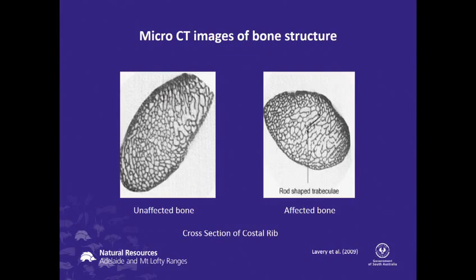Not only that, one of our honours students tried to find a relationship between environmental factors and the dolphins' morphometric parameters. She compared, and then she found, under micro CT images of the bone structure from the costal reef, this is a cross section of the costal reef, that dolphins with highly concentrated heavy metals show a slightly different structure in the cross sections.